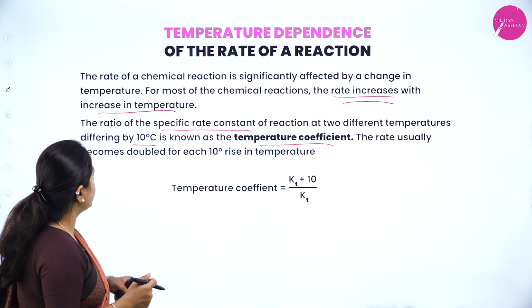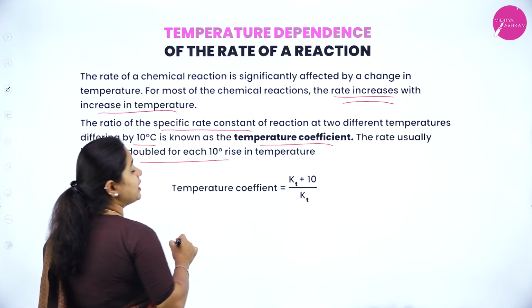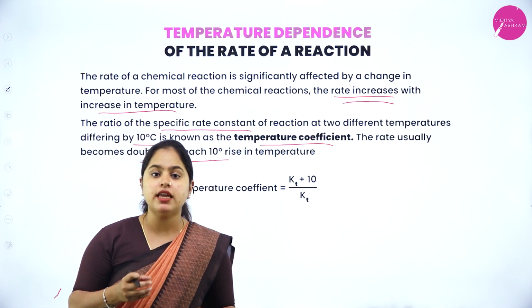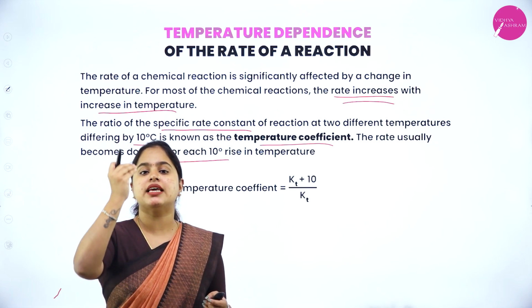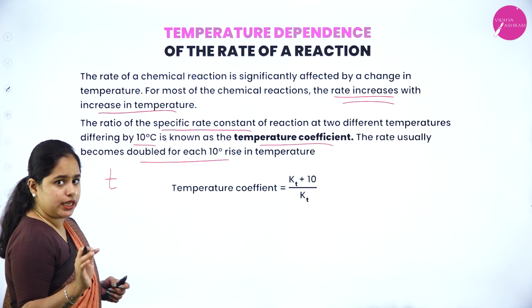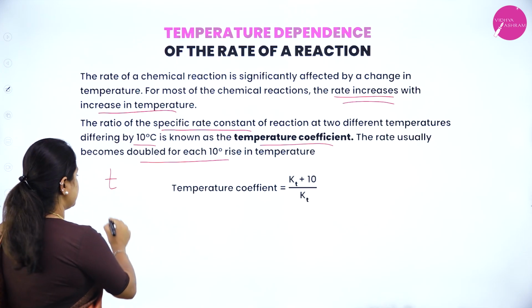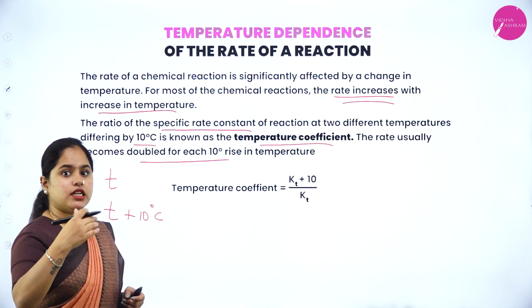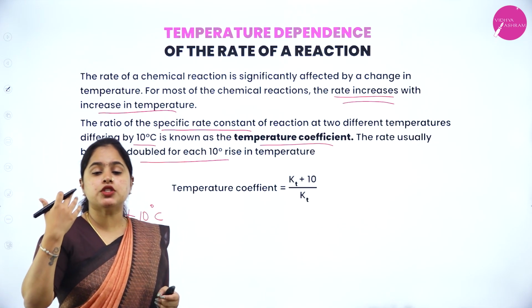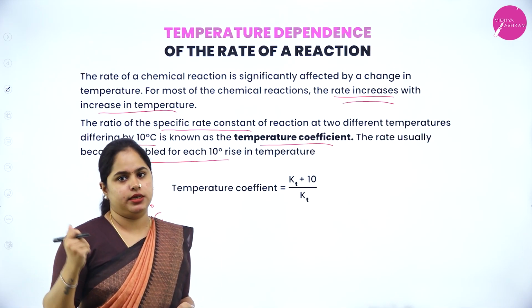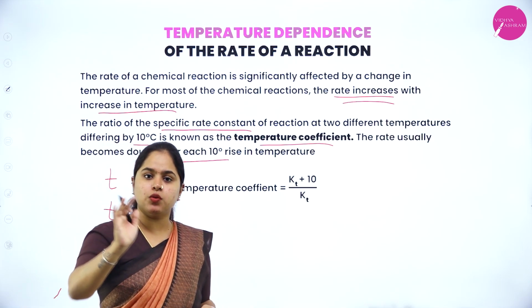The rate usually becomes doubled for each 10 degree rise in temperature. So generally, whenever there is a 10 degree rise in temperature, let's take that initially the temperature was T, and now the temperature is increased by 10 degrees Celsius. What happens to the rate of the reaction? The rate of the reaction will be doubled.